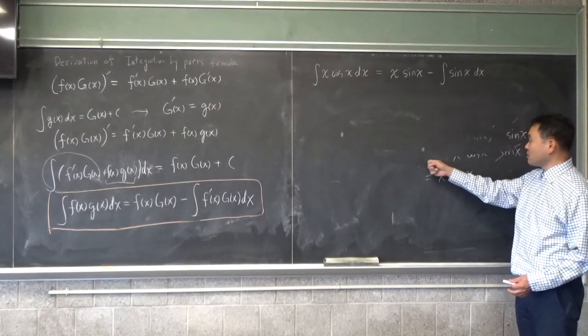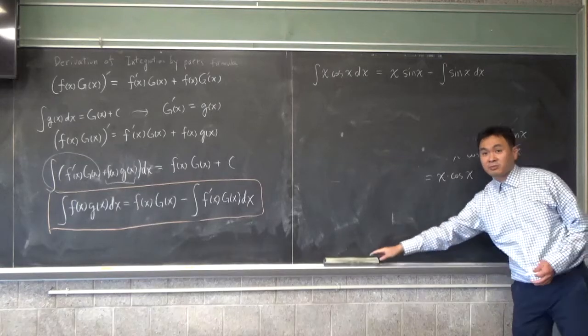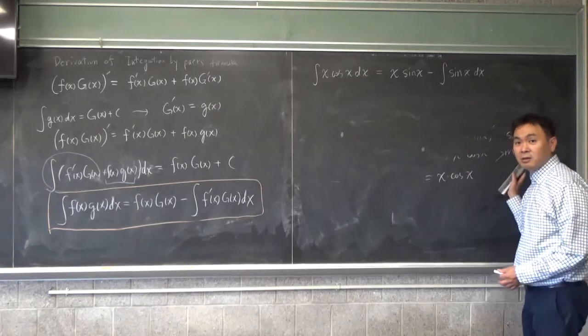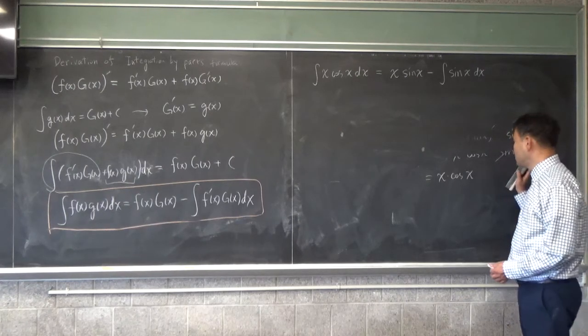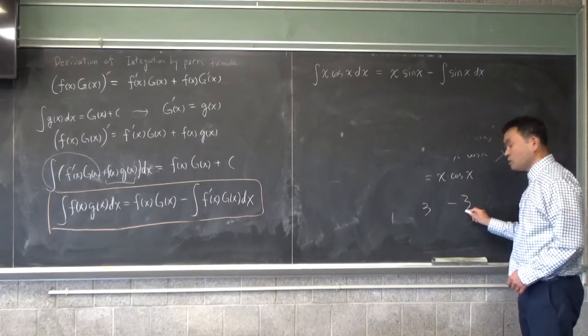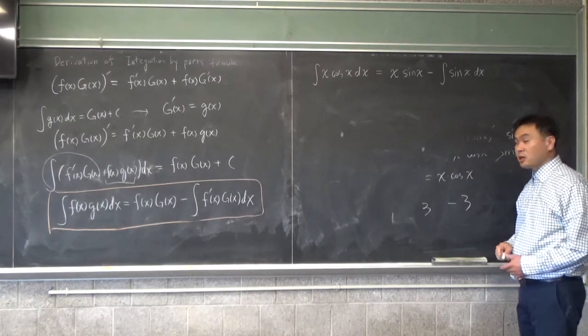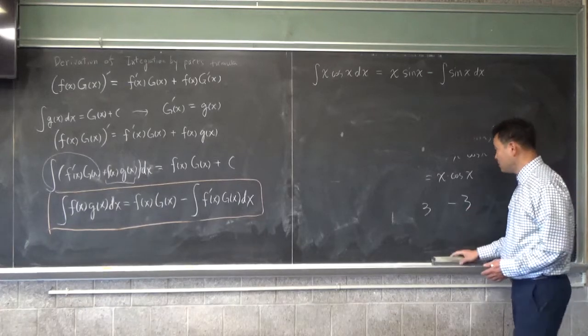But if you're asking that one is sine and negative sine, they cancel, so this is the only thing that survived. What is 3 minus 3? 0. So there's a sine x minus sine x. What happens?